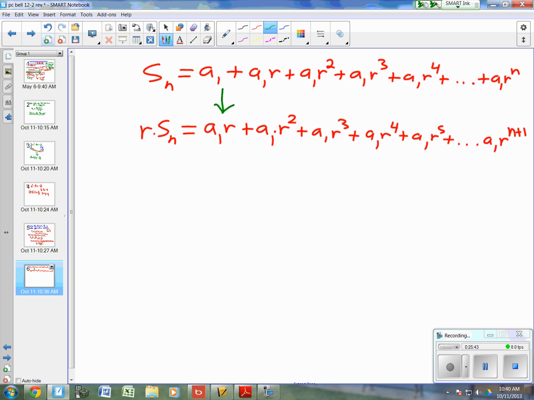Instead of a sub 1, the first term is a sub 1 times r. I'm timesing r by both sides, and all it's going to do is add an extra r on each side, right?